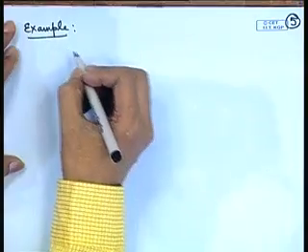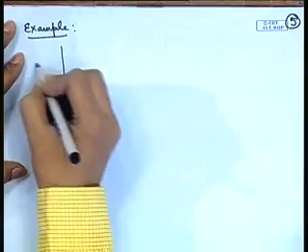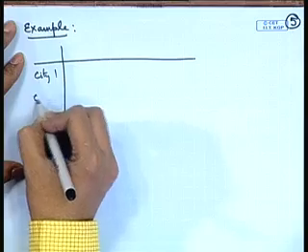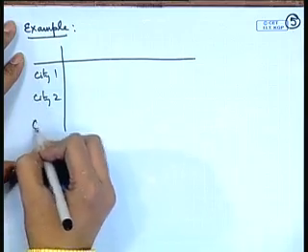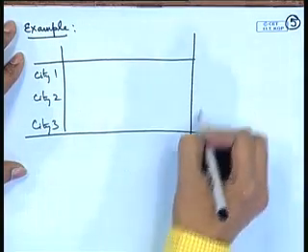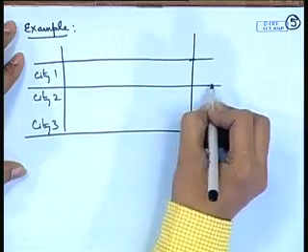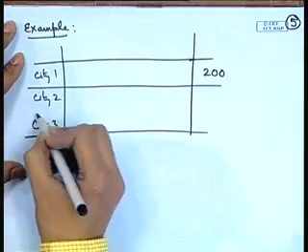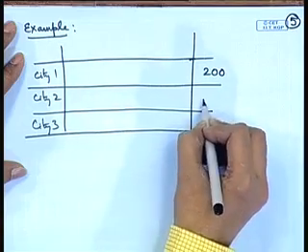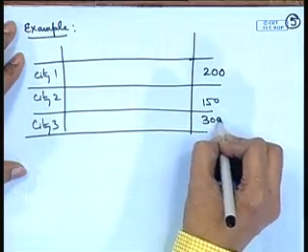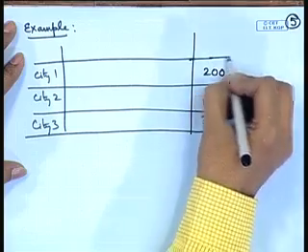So let me present the data in the following form, that we have city 1, city 2 and city 3. We fix that we are taking 200 respondents from city 1, we are taking 150 respondents from city 2 and we are taking 300 respondents from city 3.